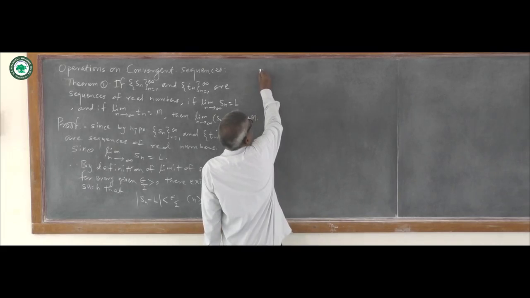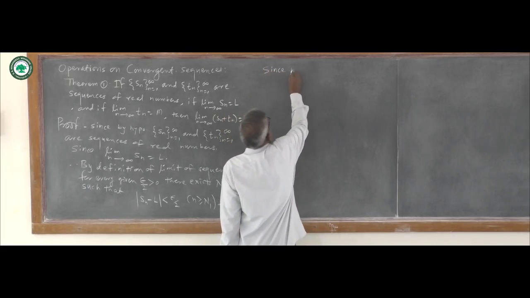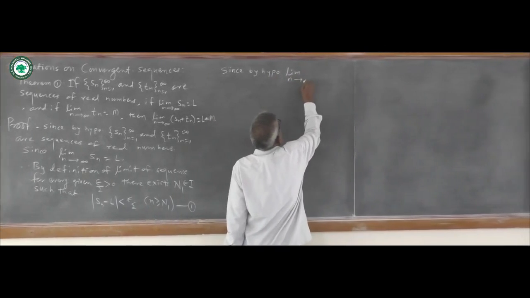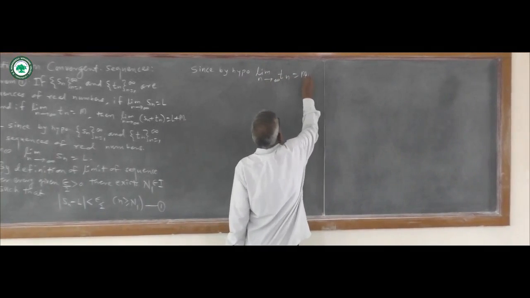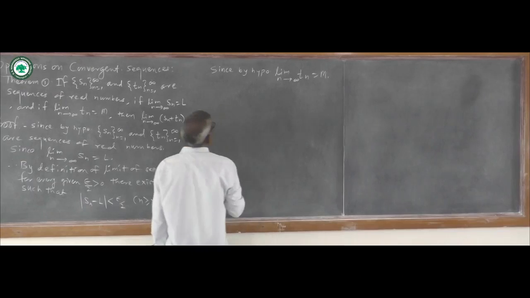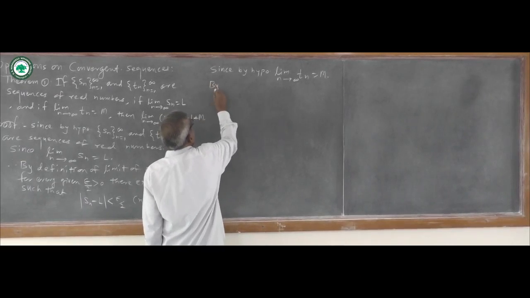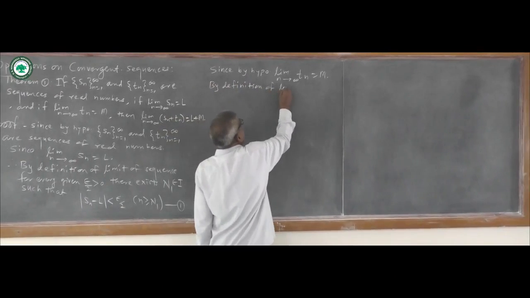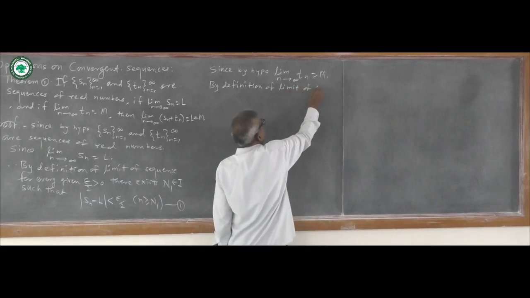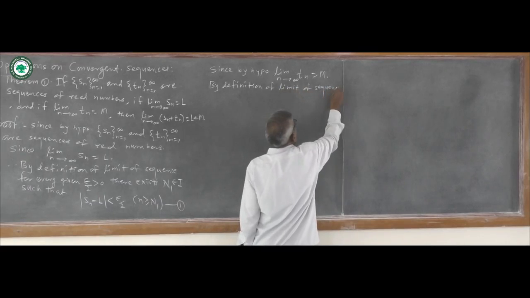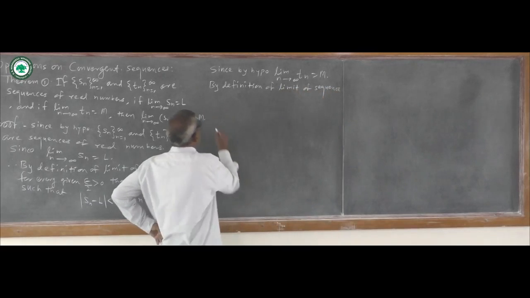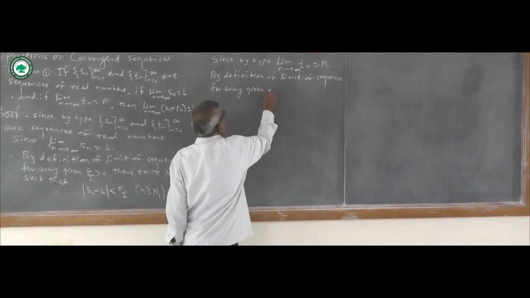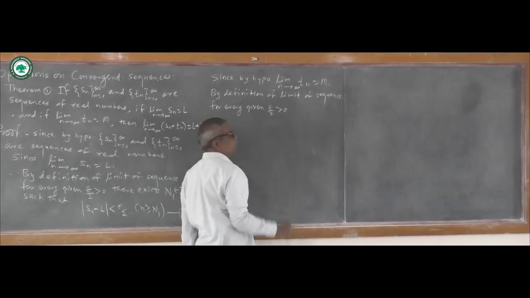Since by hypothesis limit as n tends to infinity of Tn is equal to capital M, therefore, by definition of limit of sequence, for every given epsilon positive, epsilon by 2 is also greater than 0.